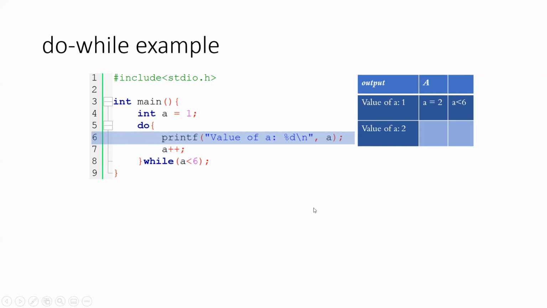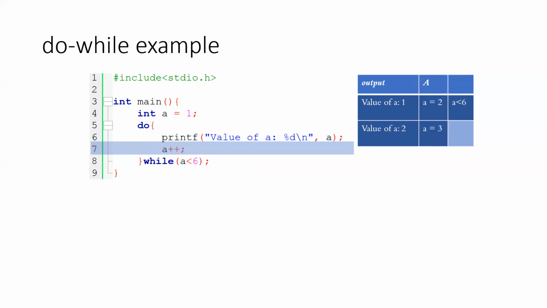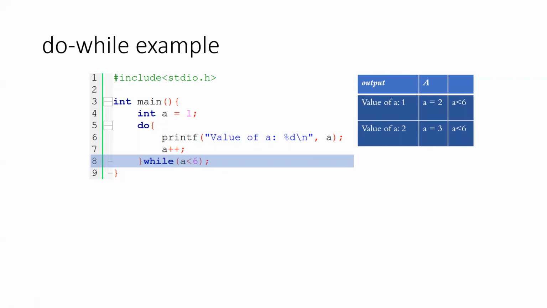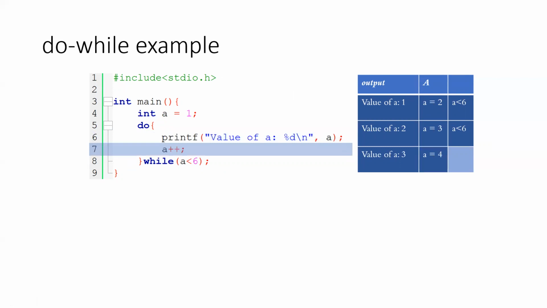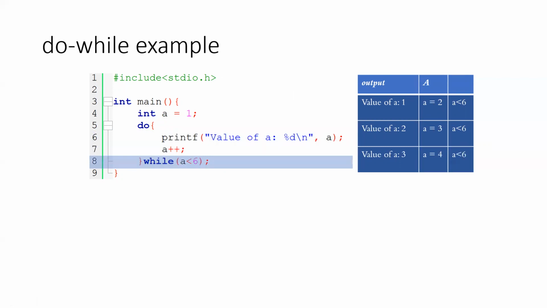Now we print again the value of a, which is now 2, and increment, a becomes 3, and evaluate: 3 is less than 6, so it is still true. So it will go back and execute this again. Print the value of a, which is 3, and then increment a again, a becomes 4, and evaluate. 4 is still less than 6.